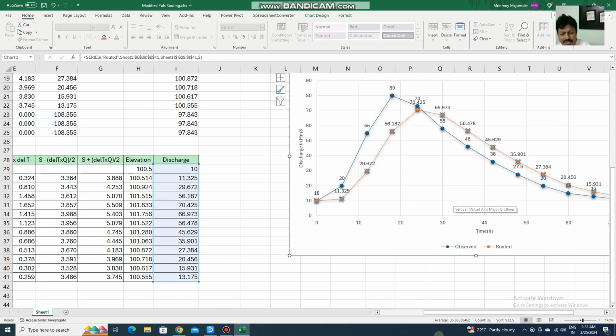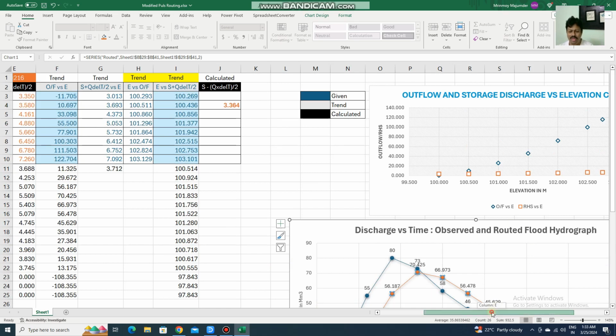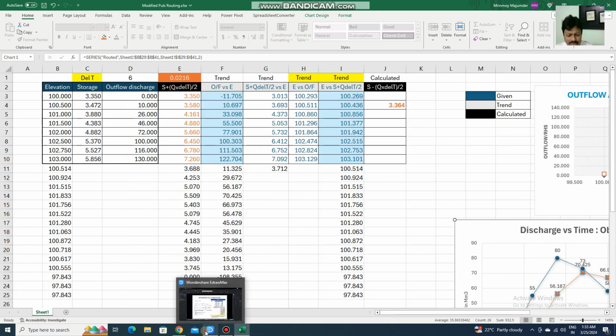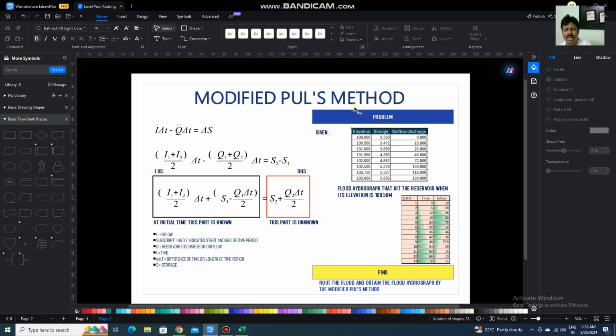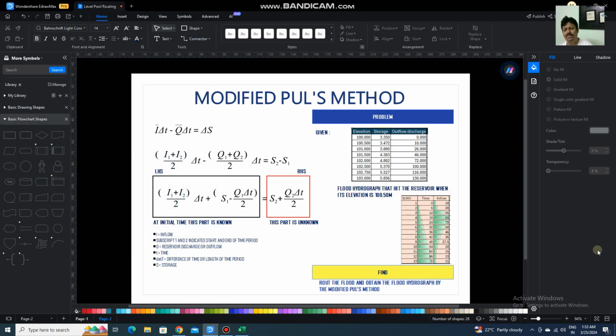So 10 megameter cube is your attenuation, and this 6 hour lag is your lag or translation. So this is the way you solve this problem of applying modified pulse method, and it is a little lengthy, but if you can grab it once, you can easily solve it.